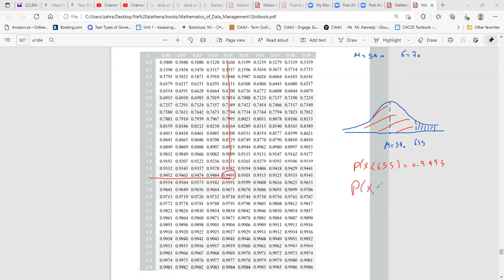But I want to see the probability that x is greater than 655. Since the total probability area is 1, it's just going to be 1 minus 0.9495. I'll approximate that to be 0.95, so it would be 0.05.